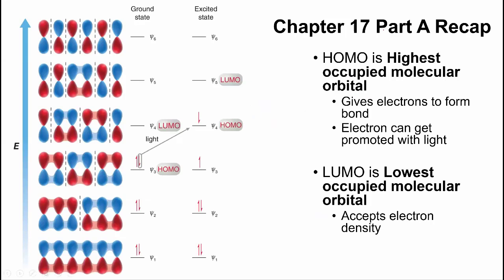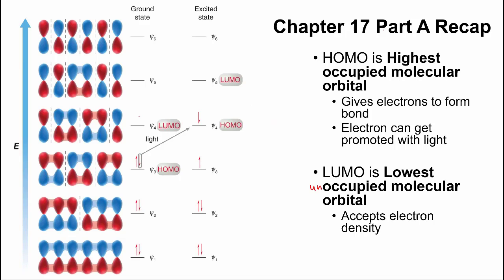All right, so 17A, we continue. The HOMO of a molecular orbital is the highest occupied molecular orbital. That gives electrons to form the bonds, and an electron can get promoted with light. And the LUMO is the lowest unoccupied molecular orbital, and that one is going to accept electron density.